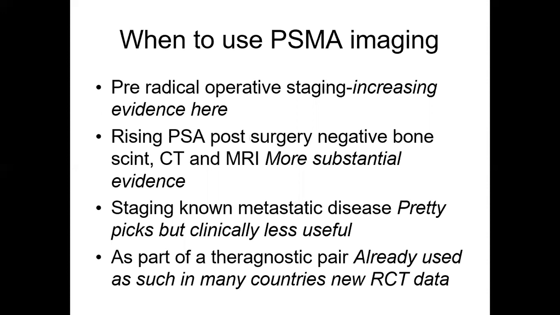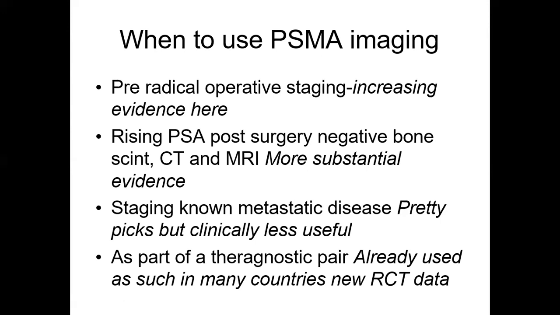So where do we use PSMA imaging? Well, at the moment, there's very little phase 3 trial evidence, but this is increasing. So where we're getting increasing evidence is in pre-radical operative stages. So this is where you've got patients who've just been diagnosed and you want to know the extent of disease so that you can decide whether the patient should have radical curable surgery.